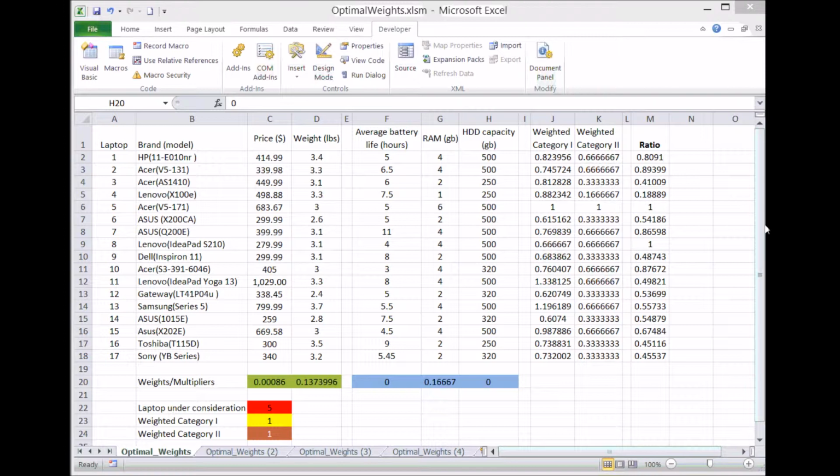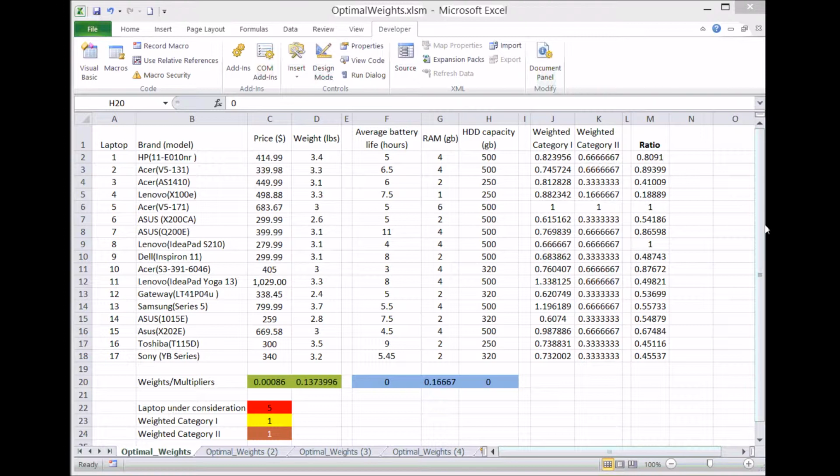The answer to that is not necessarily. On the surface, it appears that the battery and the HDD capacity are not included in the calculation of the ratio because of the zero weights.